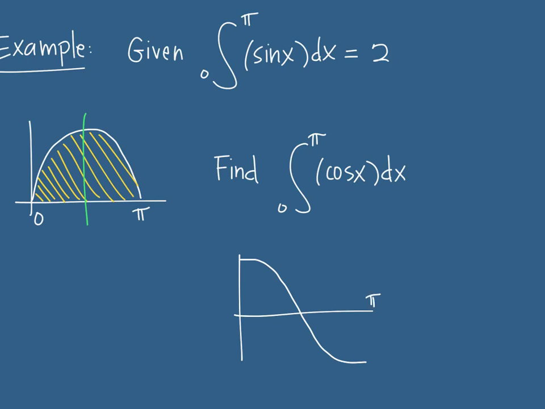And you can use geometry to know that the top part is equal to half of what the other one was, and the bottom part is negative. And so we're looking at 1 minus 1, so a net total area of 0.